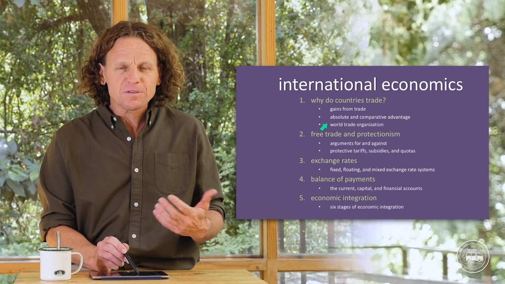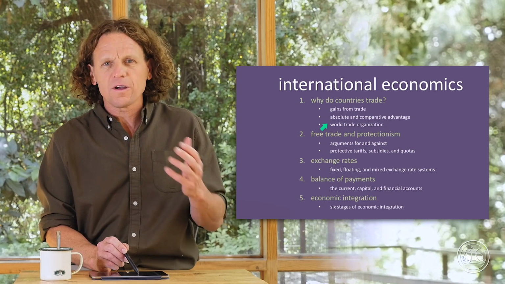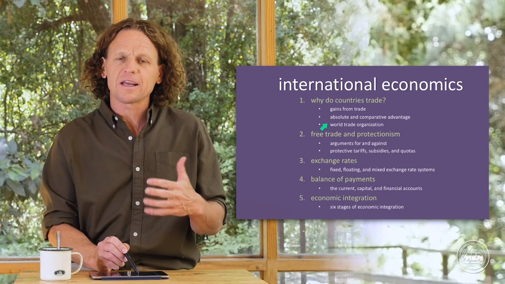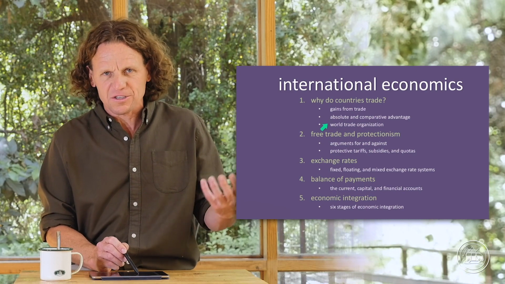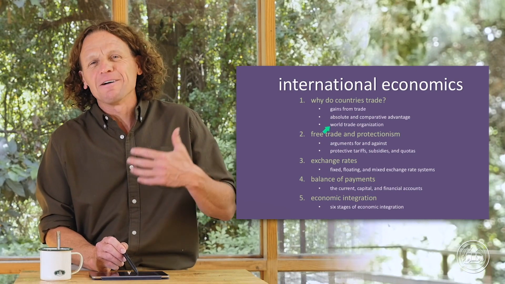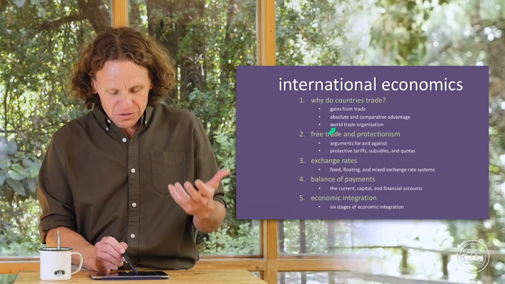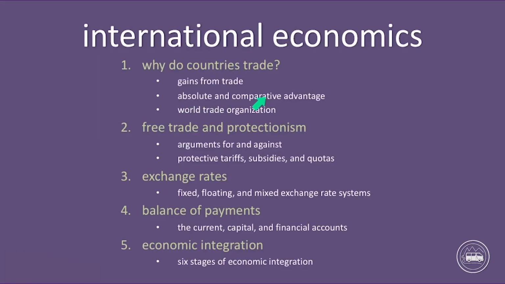We'll look at concepts that you may have known about from somewhere in your life, because these two concepts come up a lot in some discussion sectors of society: the ideas of absolute and comparative advantage. And then we'll take a look at the world governing organization that looks after world trade, which is called the World Trade Organization. So there's chapter 1.